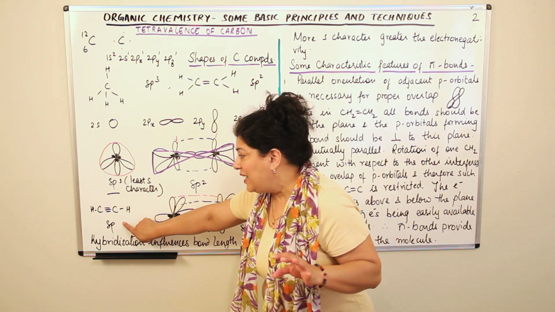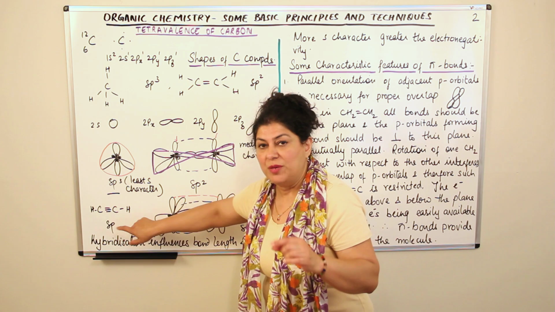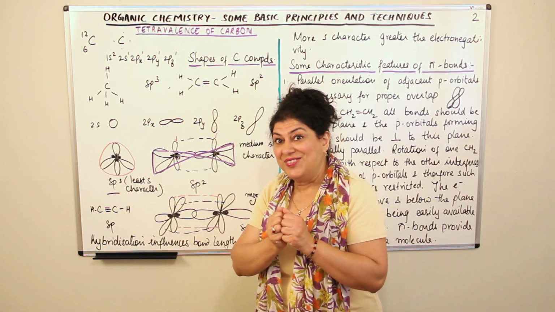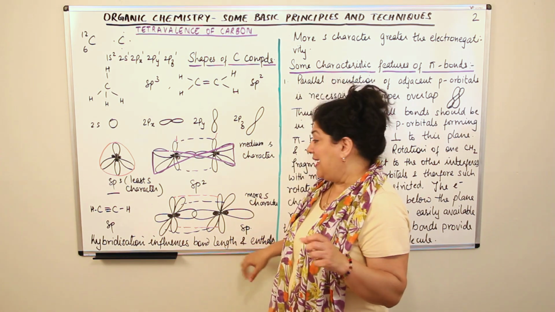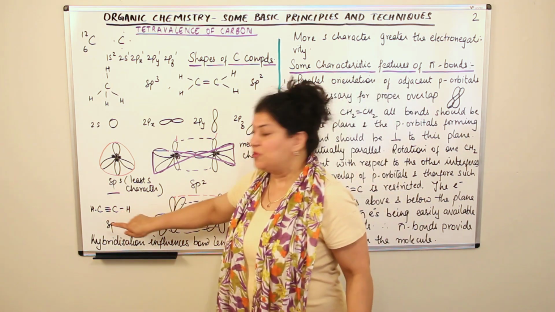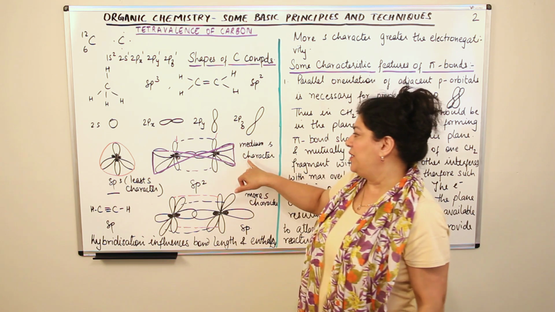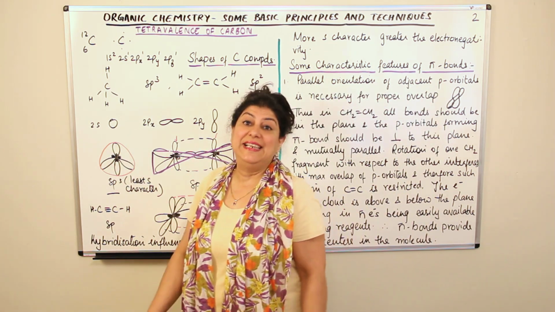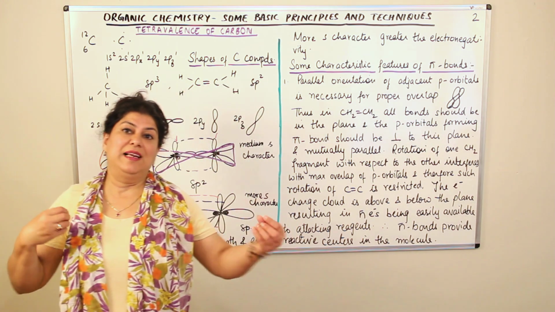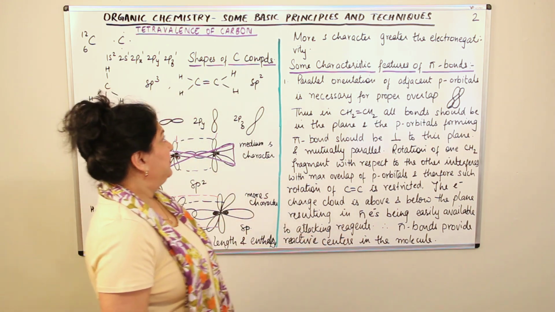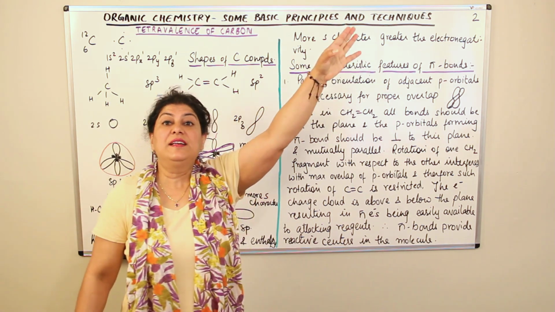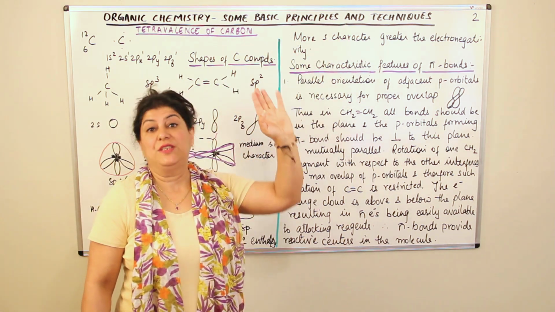The closer the electron is to the nucleus, the more difficult it becomes to remove it, because the attraction is greater. And therefore the energy required to break this bond will be more than the energy required to break this bond, and the energy required to break this bond will be the least, because the electrons here are further away. And the greater the s character, the greater is the electronegativity.